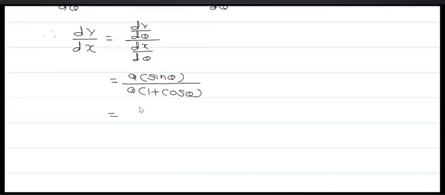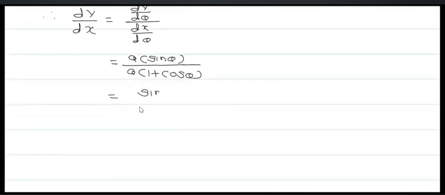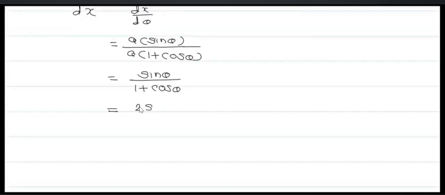And therefore, dy by dx is equal to a sine theta upon a in bracket 1 plus cos theta. This a gets cancelled.